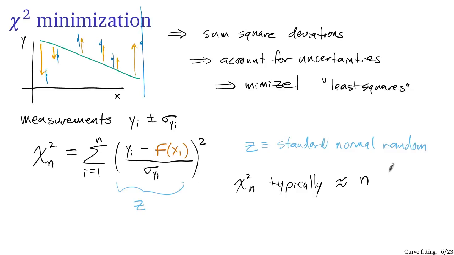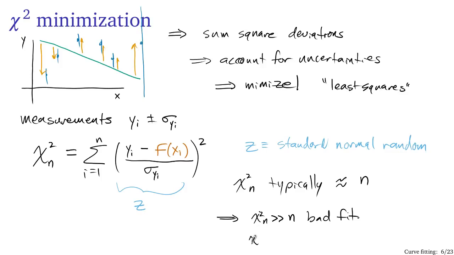This allows us to infer some characteristics of our fit. For instance, if you calculate chi-square and it turns out to be much, much greater than n, you've got a bad fit. Your line may seem to be going through your data points, but it's not going through them well enough. And this could mean that your uncertainties are too small, or it could mean that your model is wrong.